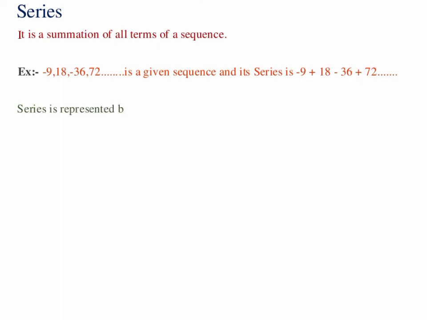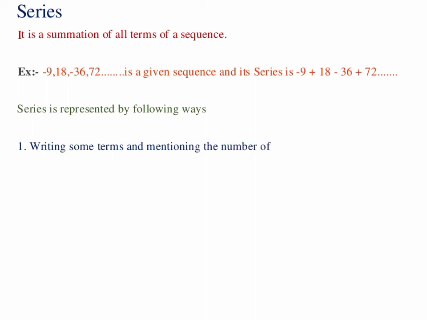A series is represented in the following ways. Either you write the terms and mention the number of terms in the given series. For example, you write 2 plus 1 plus 0.5 plus 0.25 and say that there are 20 terms in this series.